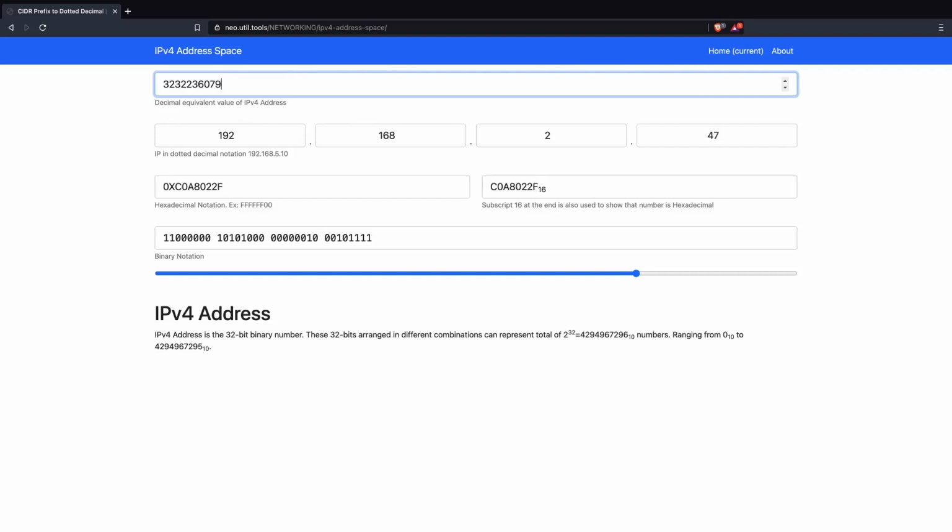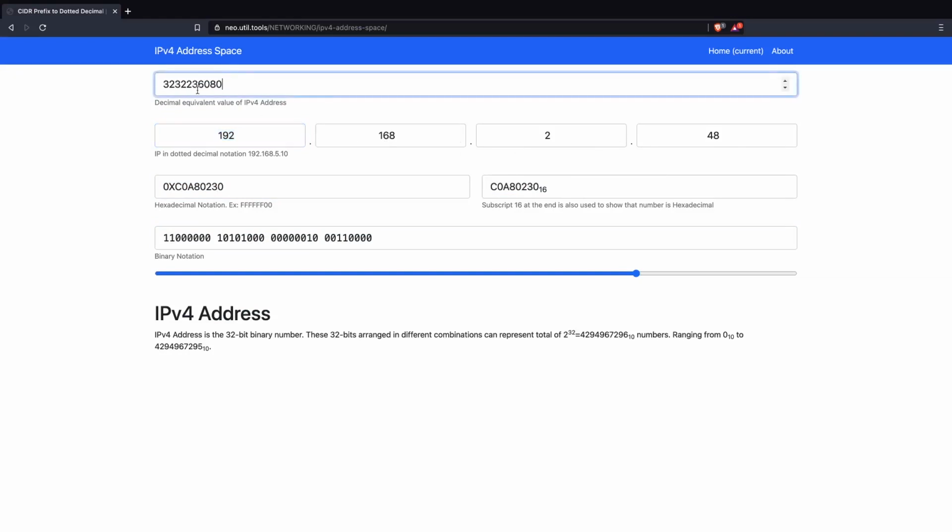So, do you understand the different notations? What are the different notations of IP addresses? Binary notation, hexadecimal notation, or dotted decimal notation, which is base 256, is quite popular, and that is what we use everywhere.